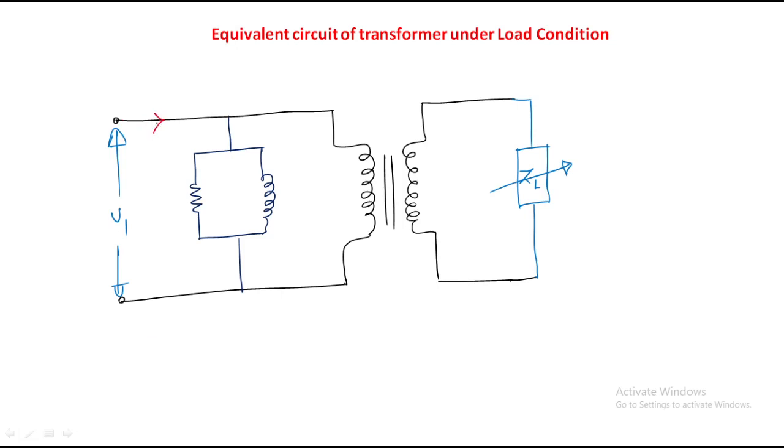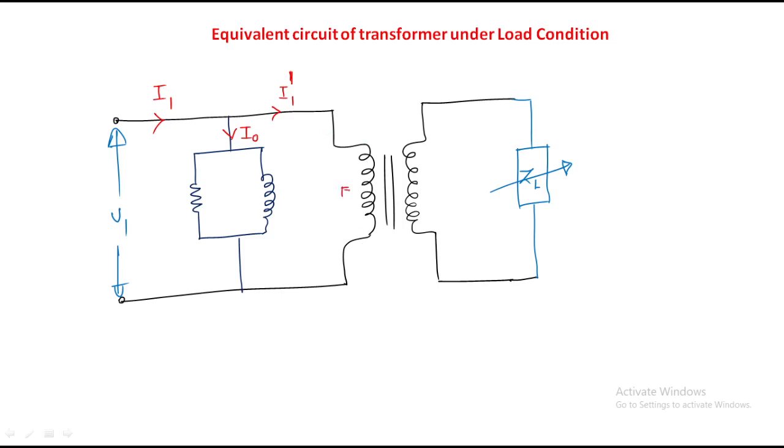Because of this V1 we have current I0. This is I1 dash, the load component of primary current. I0 is the no load current. I1 is the primary current.